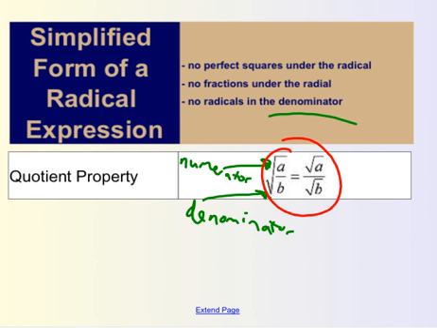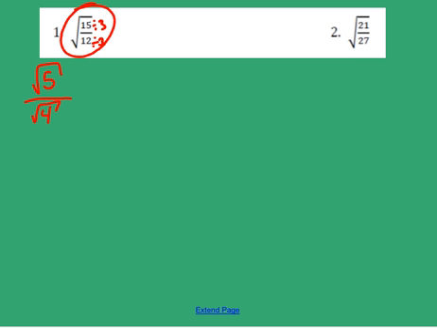If it's a square root of the whole thing, you can write it individually. So instead of writing square root of 5 over 4, I wrote square root 5 over square root 4. Square root 4 is a perfect square, so I just have square root 5 over 2, and that can be your final answer. There's no square root down here, so there's no radical.